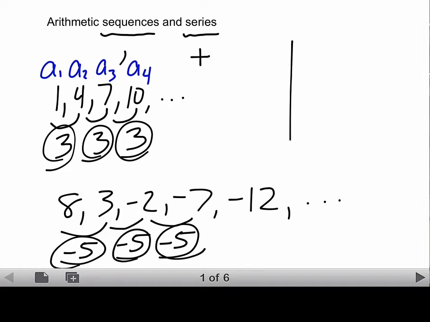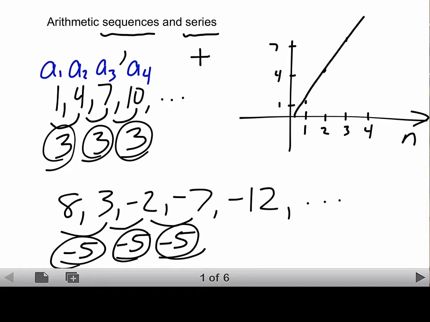If we did a quick plot with, instead of the x-axis, an n-axis, indicating the subscripts of the terms, 1, 2, 3, 4, and we plotted the values, 1, 4, 7, and 10, we would end up with something that lines up really well.